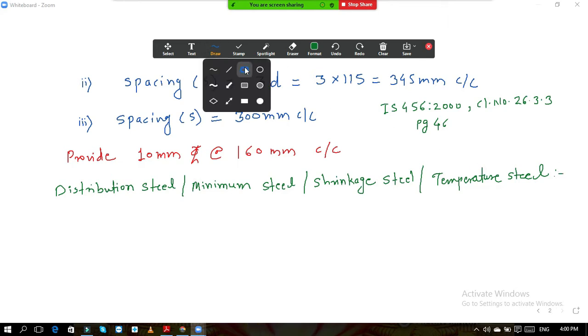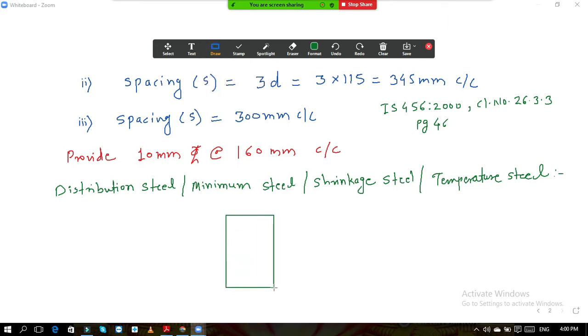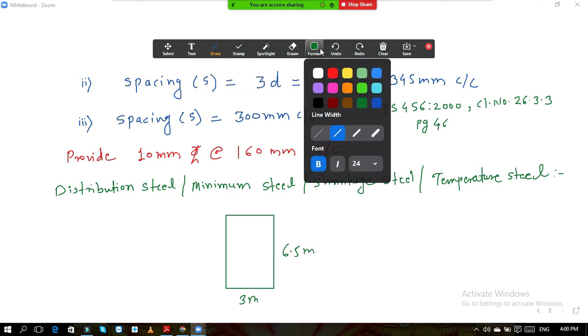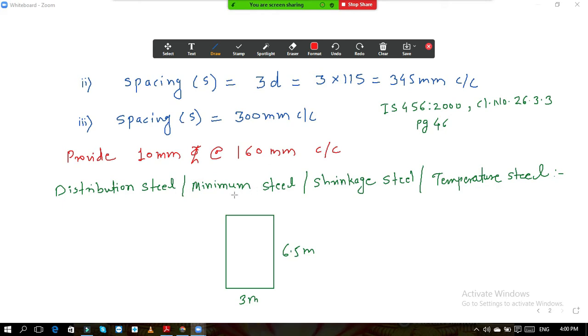Now see, suppose this is our slab. This length is near about 3 meter and this length is 6.5 meter. Right now we have designed the bars, 10 mm bars at 160 mm center to center, and we will provide these bars in this direction, parallel to the shorter direction.